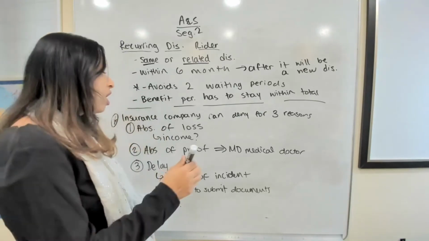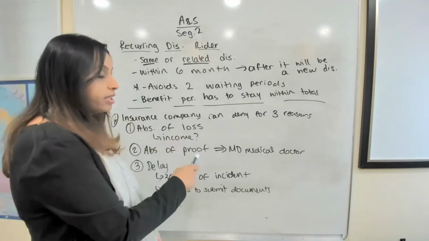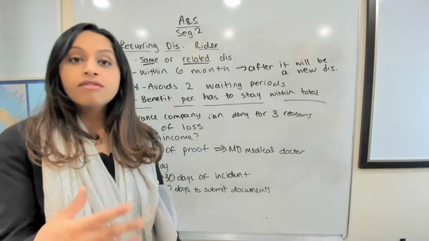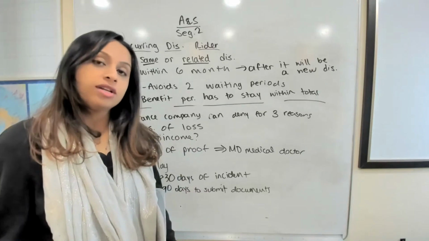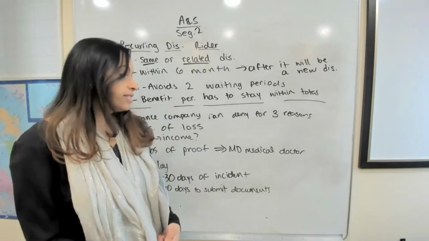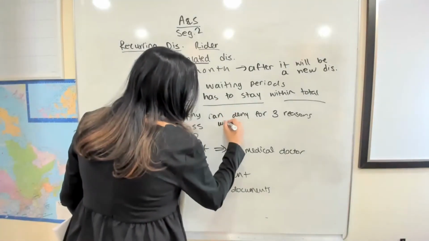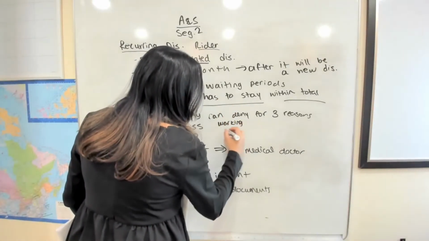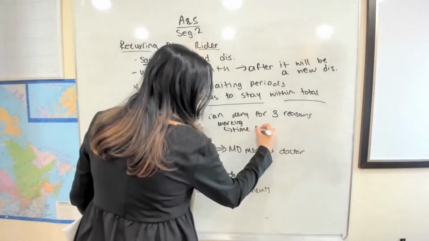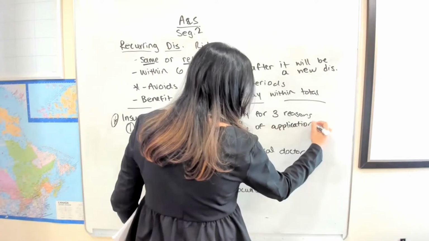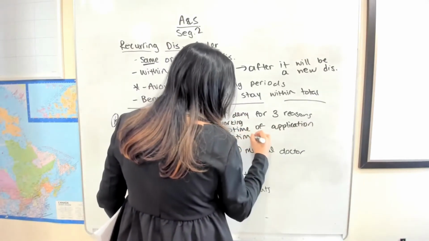So if there is no loss, if there's no income, then the insurance company will say, well, there's nothing for us to give a benefit for because you have no income. So it's important that the person has to be working or have an income at the time of application, otherwise they won't get approved. At the time of claim.